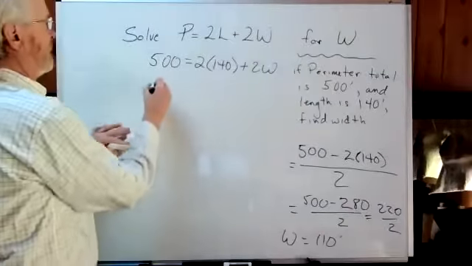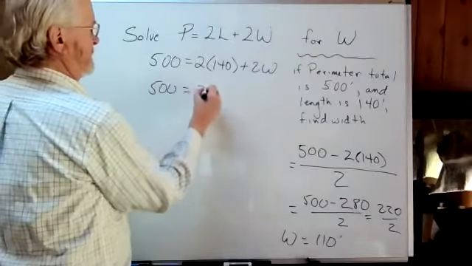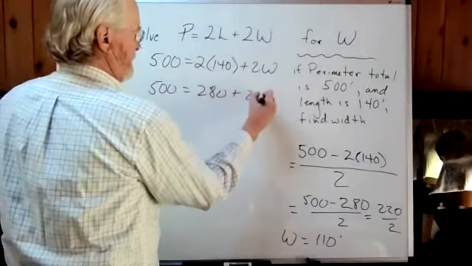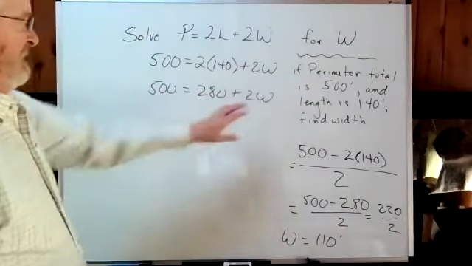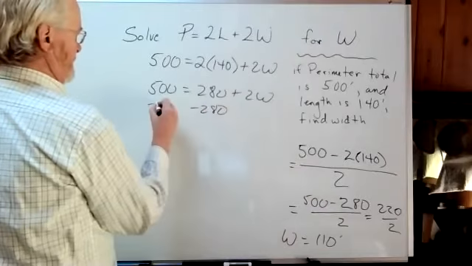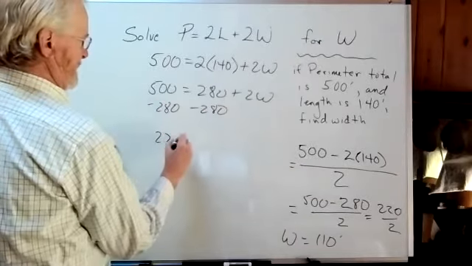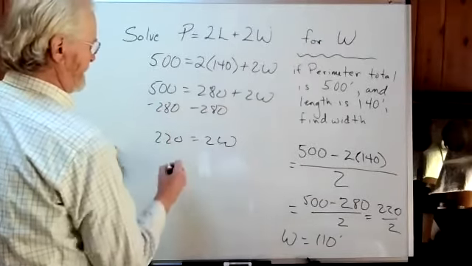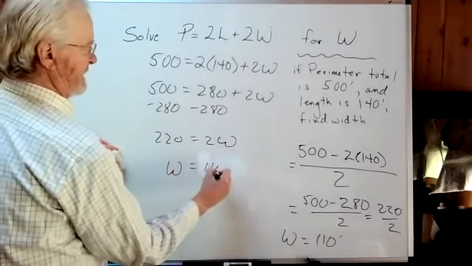That's okay. I would still, at this point, say, leave those W's, let's move the 280. And I get that 220 is 2W, and so I divide by 2 and still get the 110.